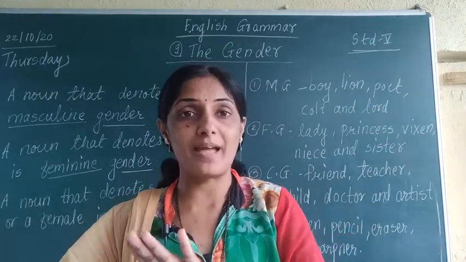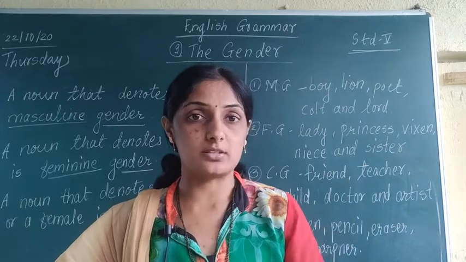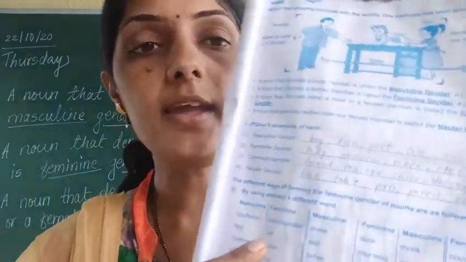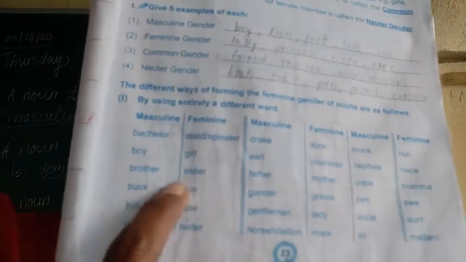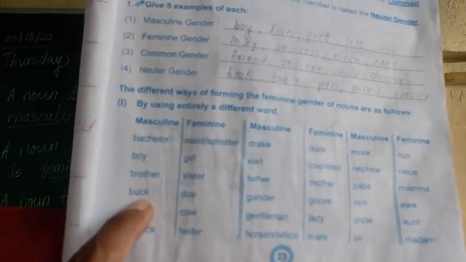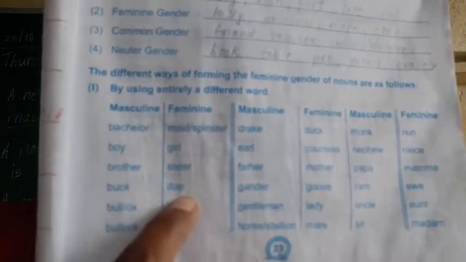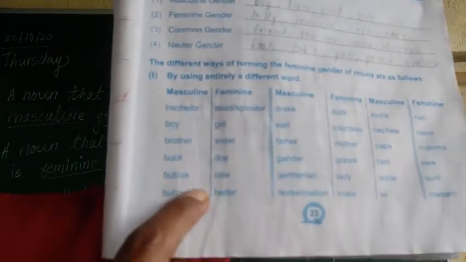Okay. Boys are called bachelors. Girls are called spinsters. Second one, boy, girl. What is it? Boy, girl. Third one is brother, sister. Fourth one is buck, B-U-C-K, buck, doe. Bull or ox, cow.